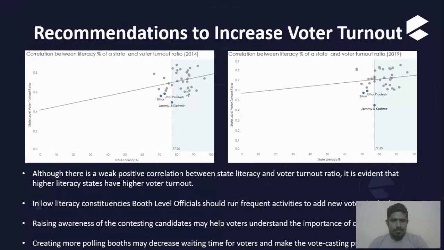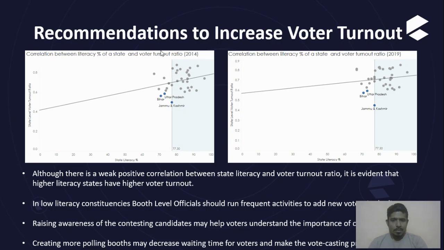All these gray dots have voter turnout ratio higher than these three blue dots. So these three blue dots, according to this statement, must have a lower literacy percentage as well.